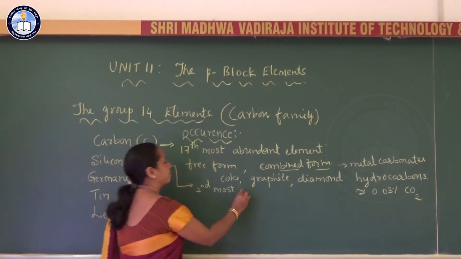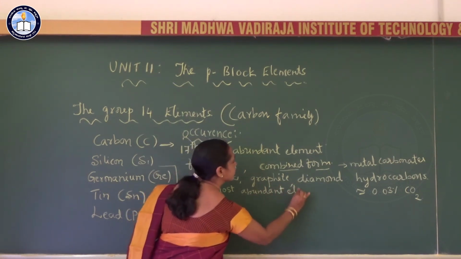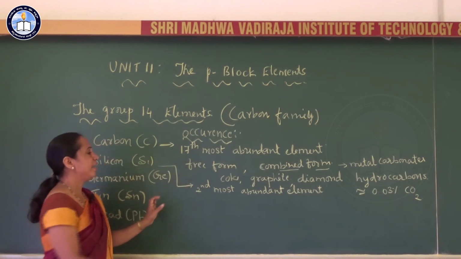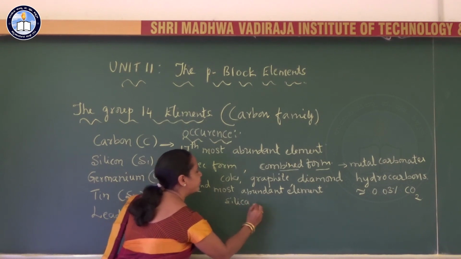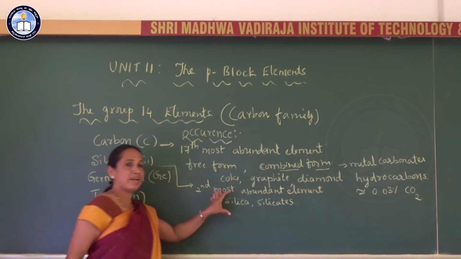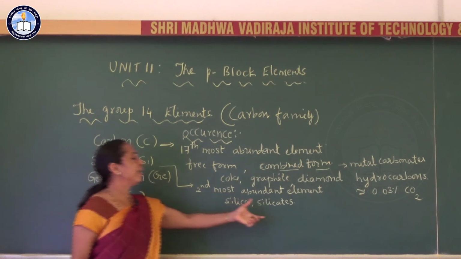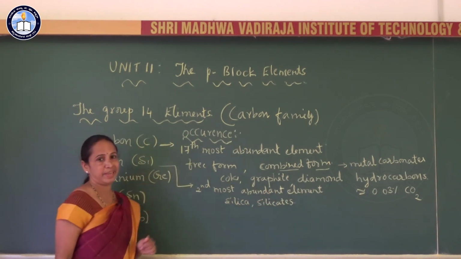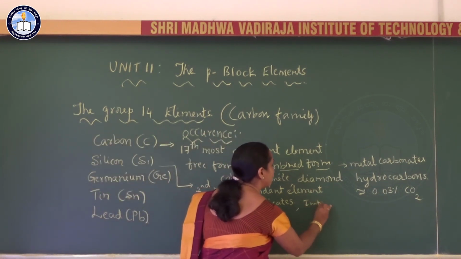Second most abundant element, and it usually occurs in the form of silica and silicates. Silica is SiO2, and silicon also occurs as silicates combined with other elements.